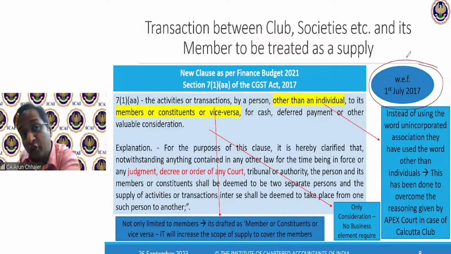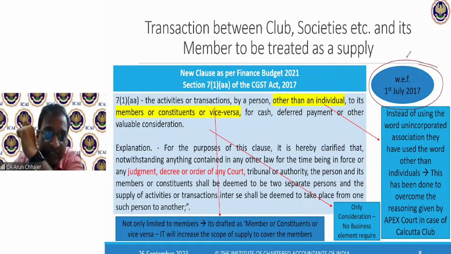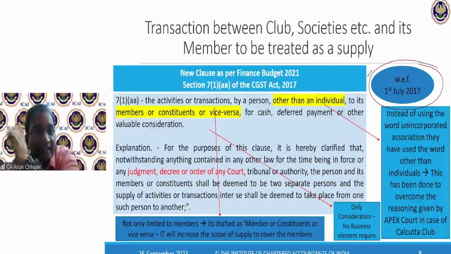Why has it been retrospectively inserted? Why is there a need for so much backdated taxability provision? The reason was one Supreme Court judgment in the case of the Calcutta Club, which was under the service tax regime. The Court said that a club and its member cannot be two separate persons.